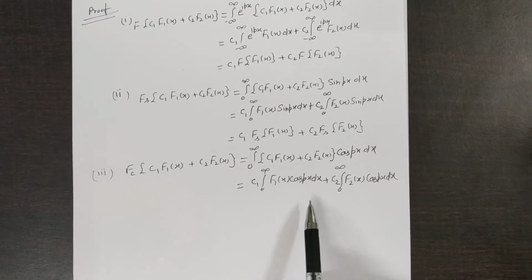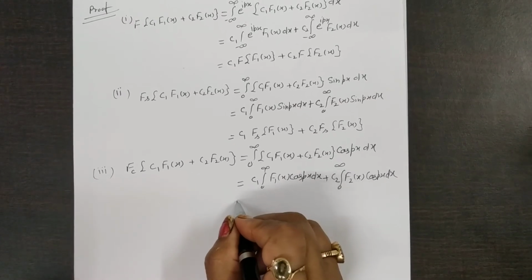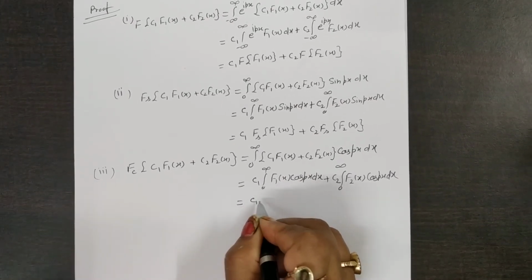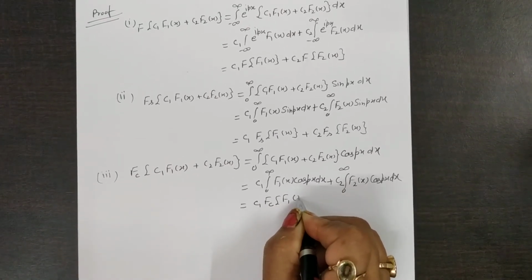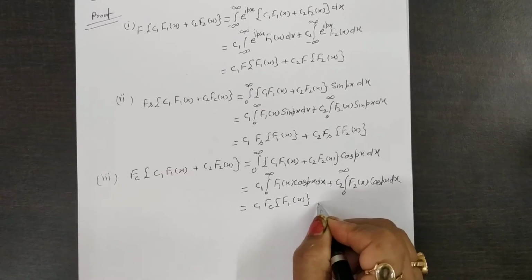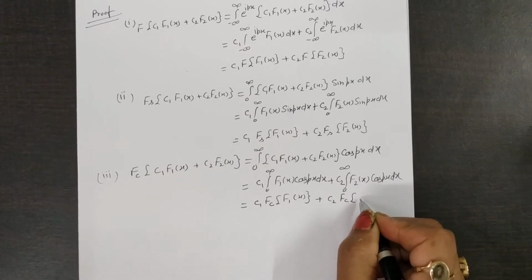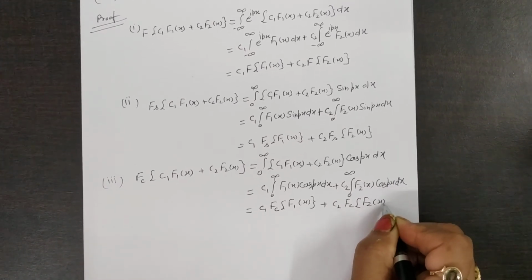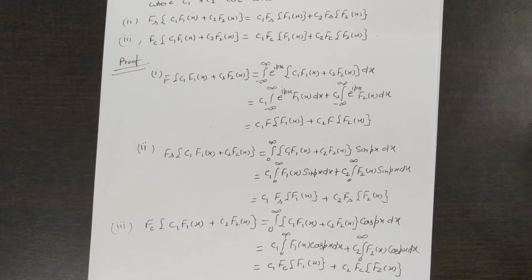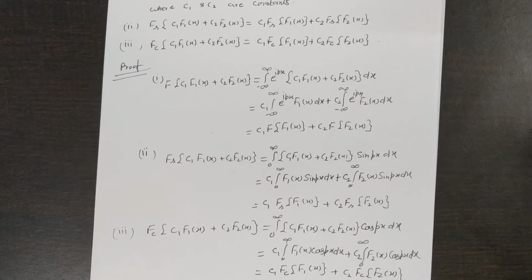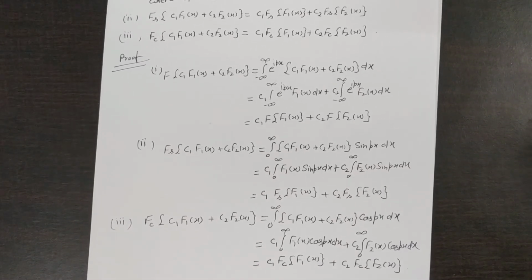According to the definition, this is the Fourier cosine transform, so it equals c1 F_c[f1(x)] + c2 F_c[f2(x)]. Clear? In this way we have proved the linear property of the Fourier transform. Okay students, in the next video I will define the other properties. Thank you.